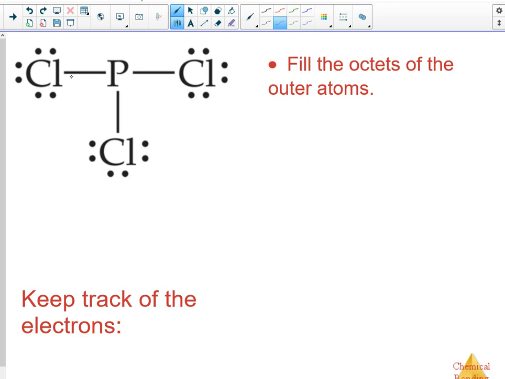this maybe was on the other slides and I didn't even look at it, but keep track of the electrons. So what that means is how many valence electrons did I have to start with? 26. That was only one answer, so I'm worried we've lost that already. Remember, this had 5, this had 7, this had 7, this had 7. We add those up, and we had 26, right?